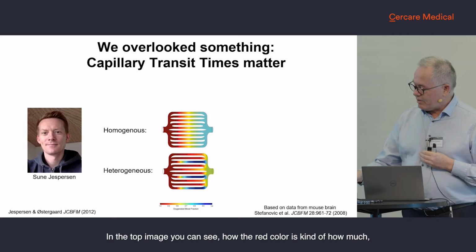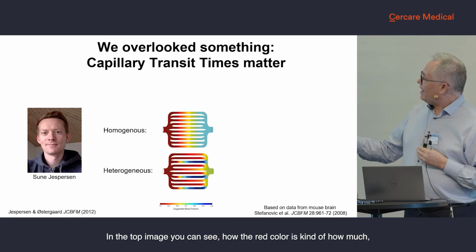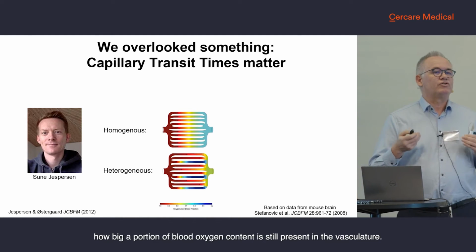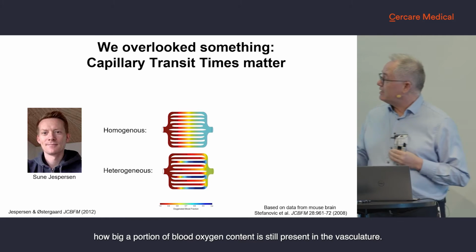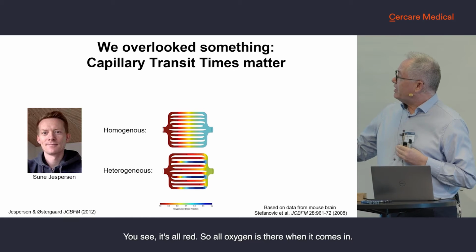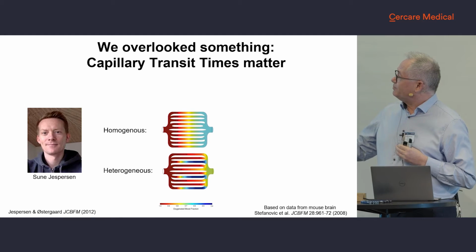In the top image, you can see how the red color shows how big a portion of the blood's oxygen content is still present in the vasculature. See, it's all red, so all oxygen is there when it comes in, but as it streams down the capillaries, it's gradually extracted.